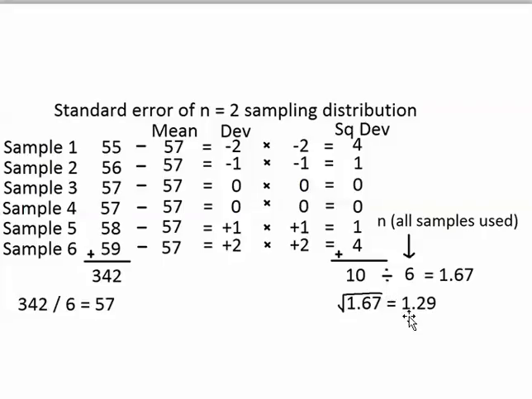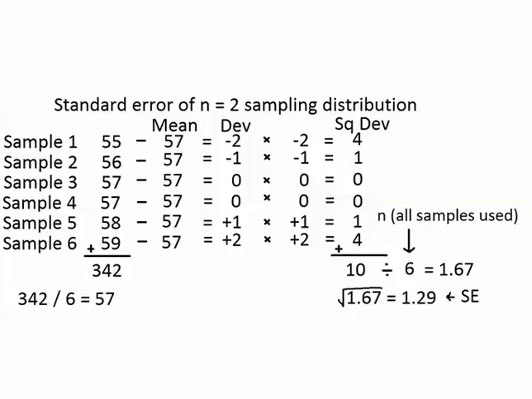It's really just the average distance from each sample mean to the population mean that's being estimated. So like I said, on average, each sample mean is 1.29 off target. And it's our standard error.